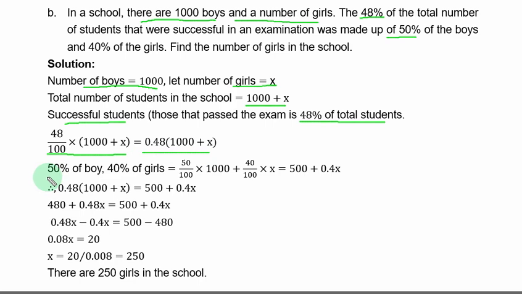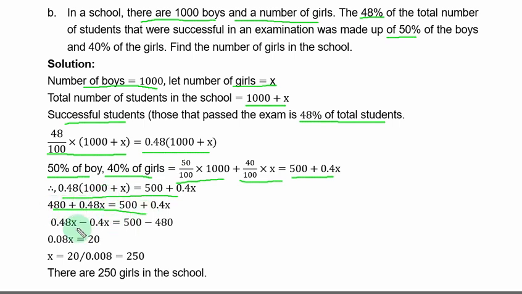So you have 50% of boys is this, plus 40% of girls is this. That simplifies to this. So finally you equate this to 48% of the total students. That gives this expression. If you open the bracket on the left hand side, you have this expression.